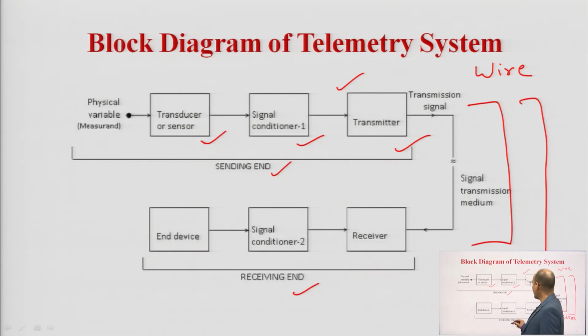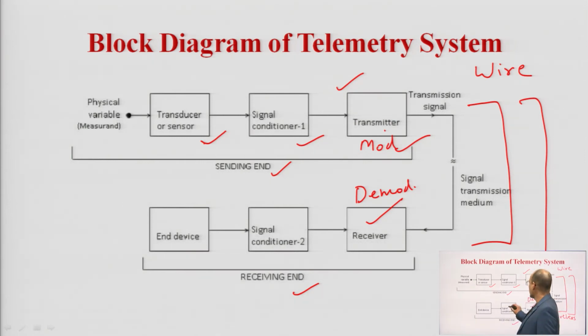In the receiving end, we are going to perform just the reverse process of the transmitting end. As you can see, if there is a transmitter, here is a receiver. In the transmitter you are performing the modulation, so at the receiver point you are performing the demodulation for the same signal.